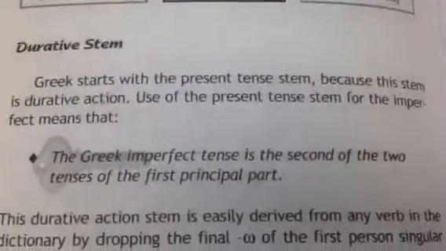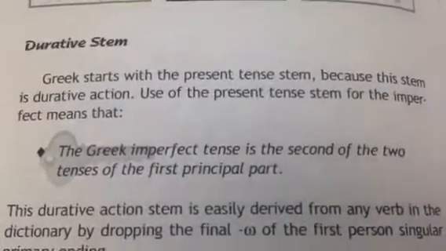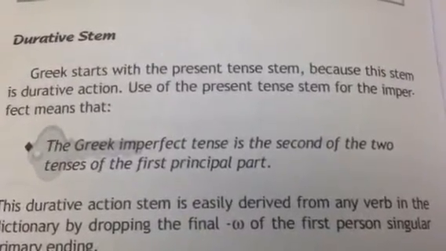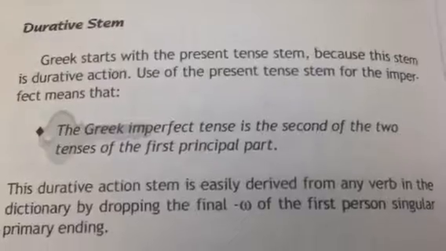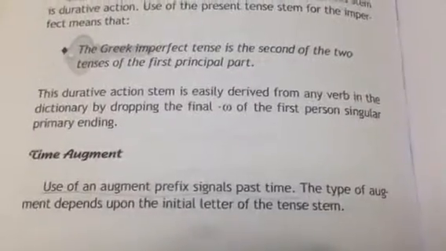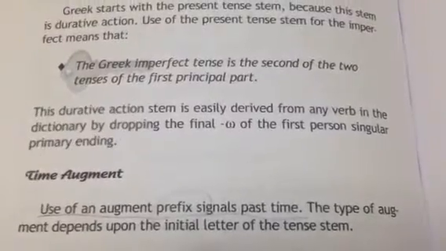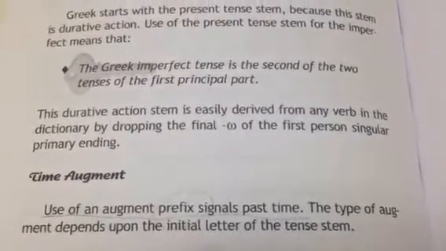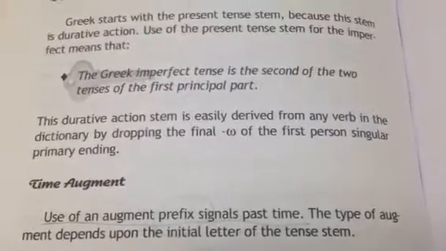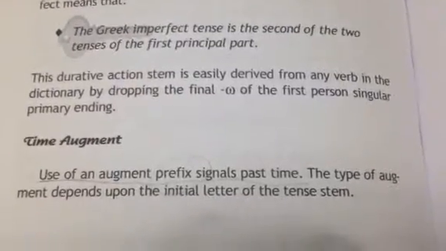So we have the durative stem still, because we are in the first principal part. Notice the key here, the Greek imperfect tense is the second of the 2 tenses of the first principal part. So they share that same little category, if you will. The durative action stem is easily derived from any verb in the dictionary by dropping the final omega of the first person singular primary ending.